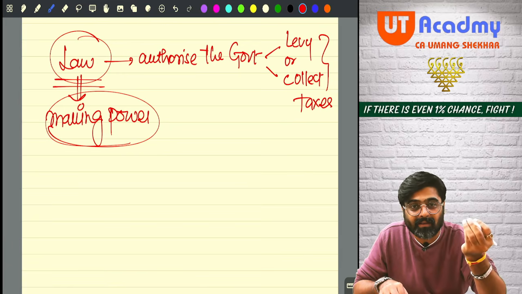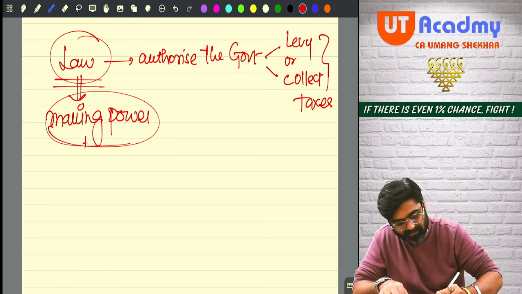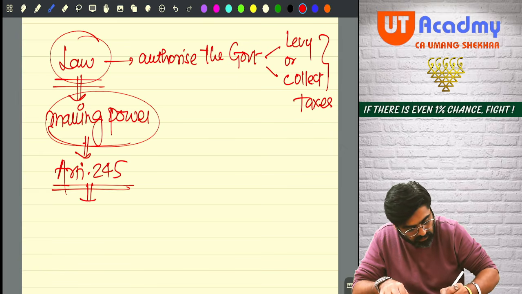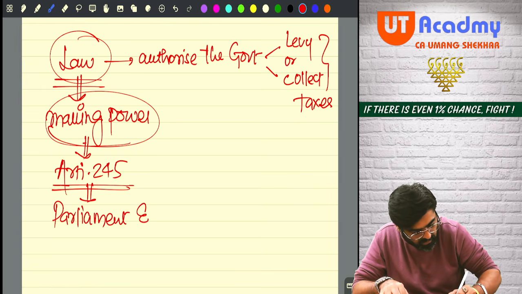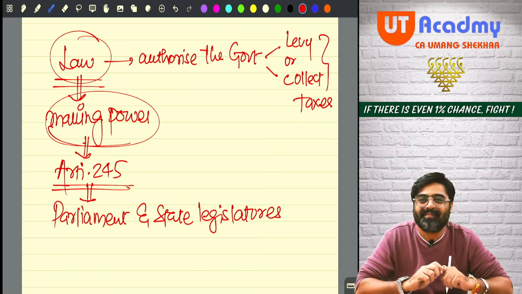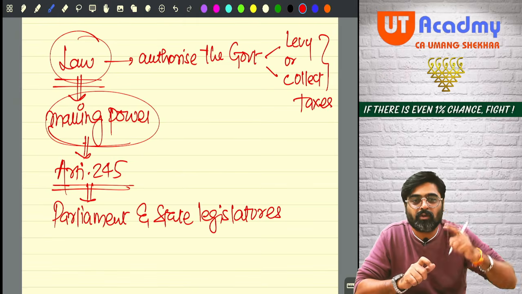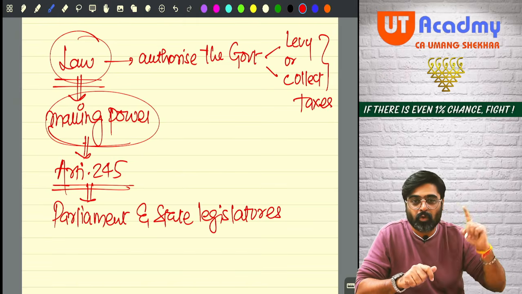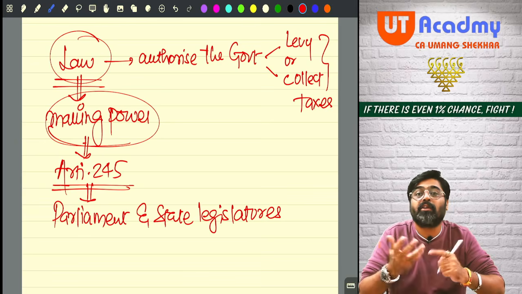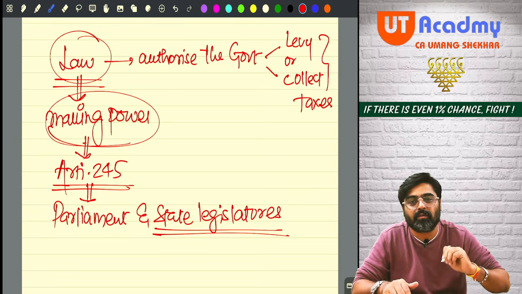That body is what? Law making power as per Article 245 is given to Parliament and state legislatures. You must have heard about Tamil Nadu State Assembly, Gujarat State Assembly, Maharashtra State Assembly. That is what? State legislatures.